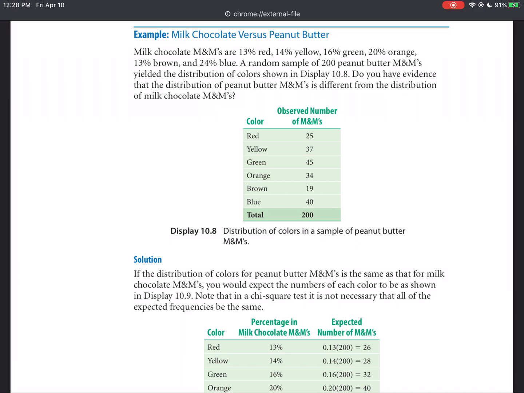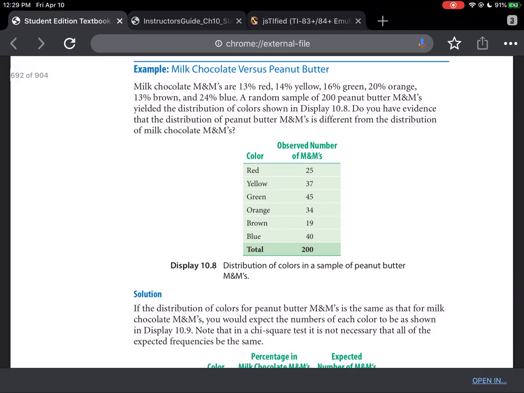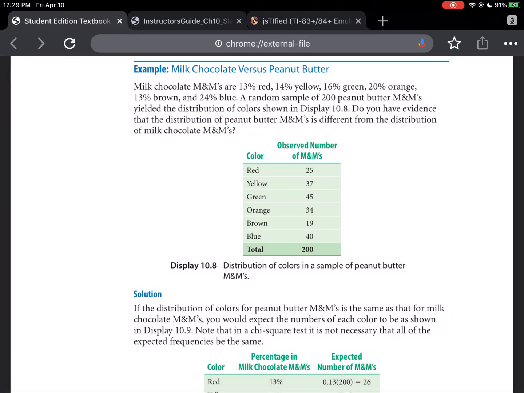So now I can go ahead and state my null hypothesis. A lot of times you guys will email me about how you're supposed to do these, and I'm just telling you, these are kind of open-ended, but you just need something along the lines of this. I would say that my null hypothesis is the distribution for the colors of the peanut butter M&Ms is equal to the distribution of the colors of milk chocolate M&Ms.